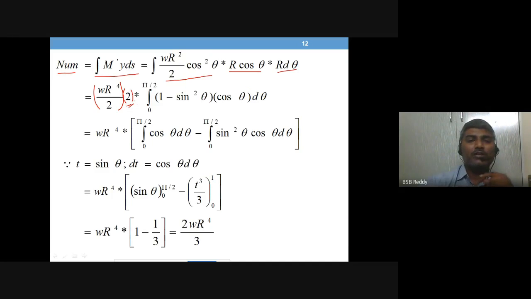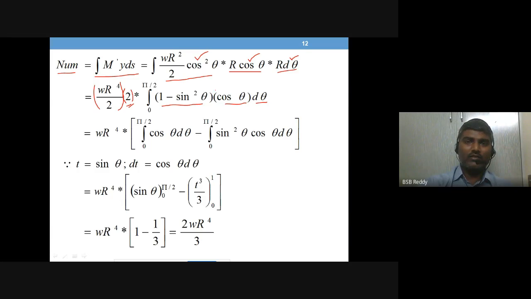So 2 times integral 0 to pi by 2. Then what is remaining inside? There is cos square theta present and cos theta d theta present. So cos square theta is written as 1 minus sine square theta, and then cos theta d theta.